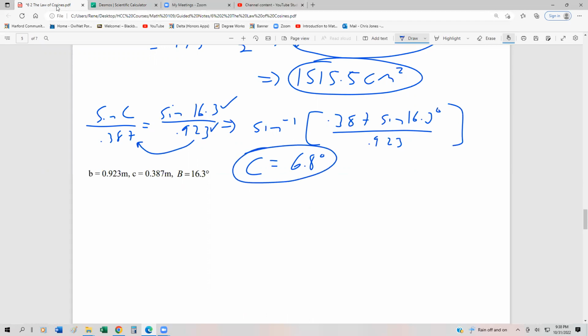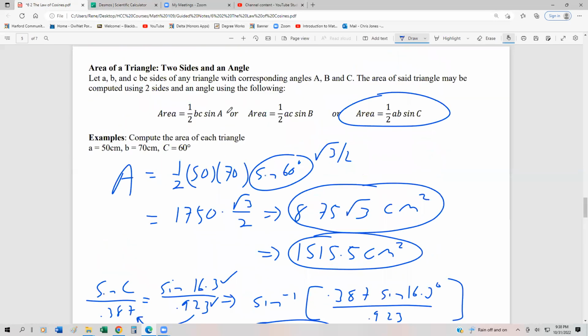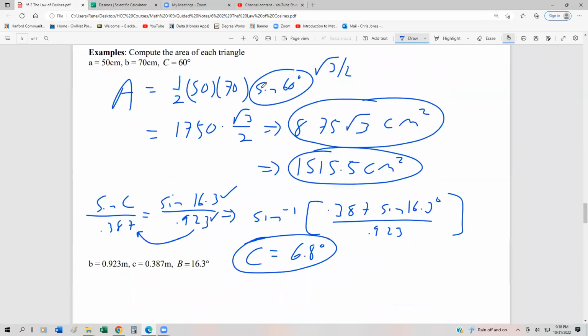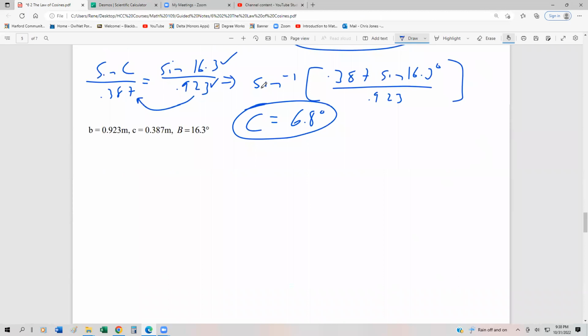Then to find angle A, remember we need angle A in our formulas if we have sides B and C, but we can figure out angle A easily. A is going to be 180 degrees minus 16.3 degrees minus 6.8 degrees. It's going to be a pretty big angle.